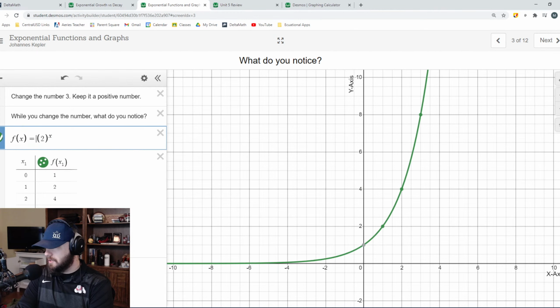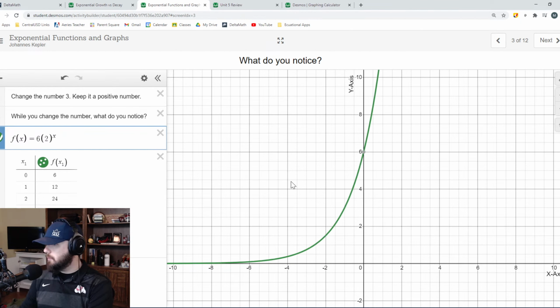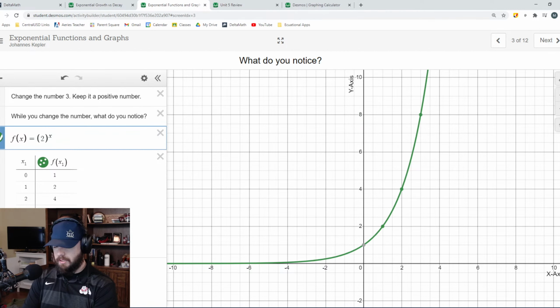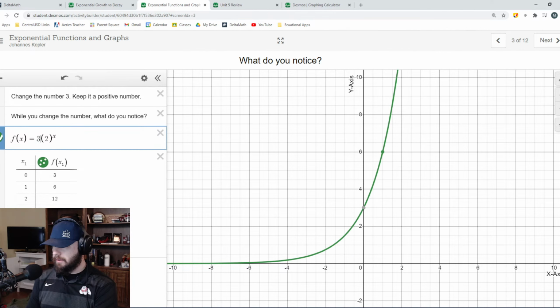So notice what's happening as I change this number. You can look at my y-intercept here. When I change this number, it's just going to tell me where my y-intercept is. So 3, my y-intercept is 3. And you can also see f(0) equals 3. 4, 5.